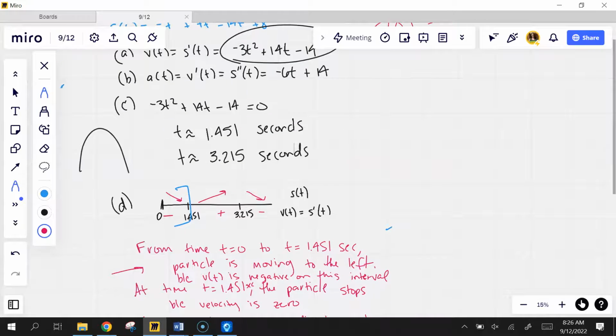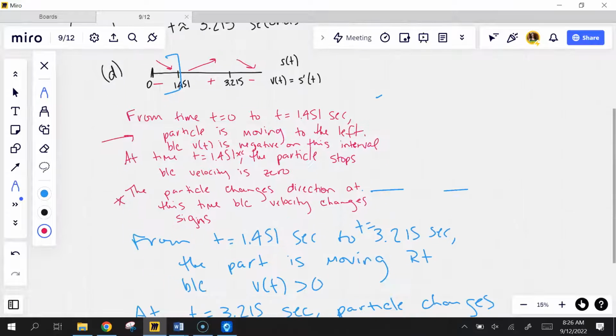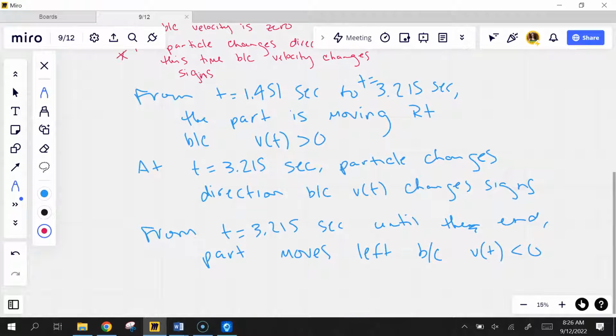He moved to the left for 1.451 seconds. Then he stopped, turned around and went the other direction. Then he stopped at 3.215 seconds, changed directions, and went back left again. Does that make sense to everybody? What we're doing? I know that's a lot. I'm not asking any more questions because that was ridiculous.